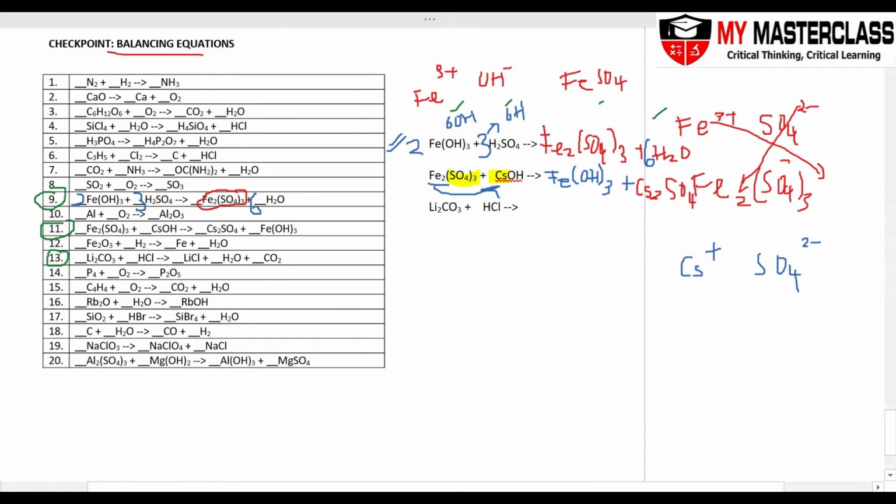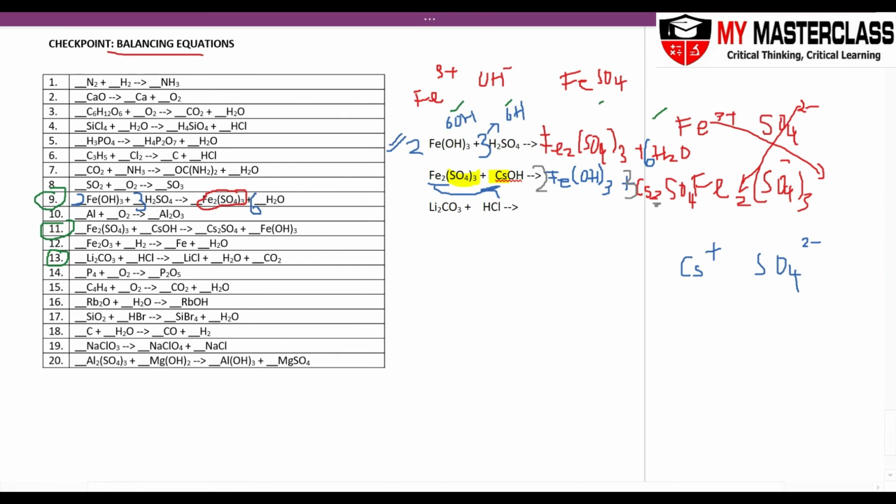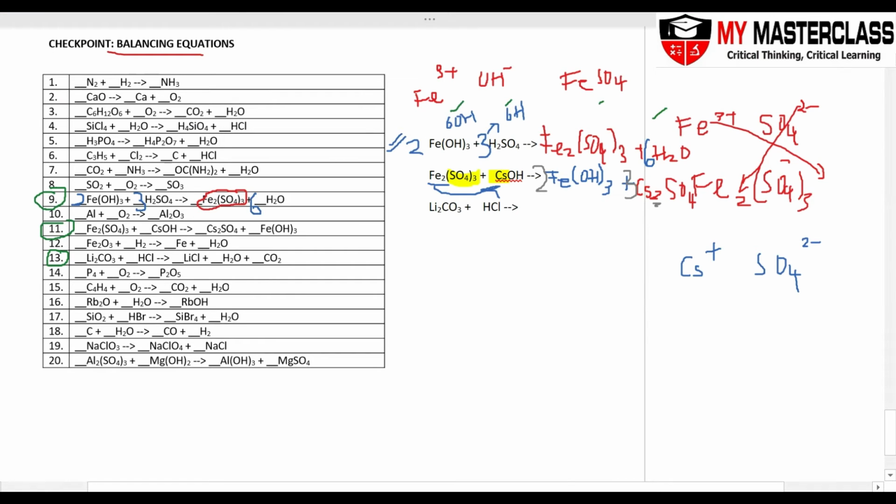Last but not least, we balance your equation after your formulas are all correct. There are 2 cesium because of Cs2, 2 Fe because Fe2. And then sulfate, there are 3 sulfate, so I have to put a 3 here. After you put a 3, your Cs2 changes. So there are actually a total of 6 Cs, because 2 times 3 is 6 Cs.